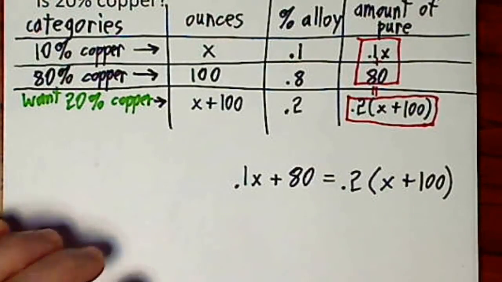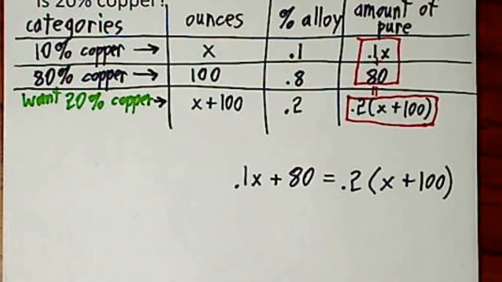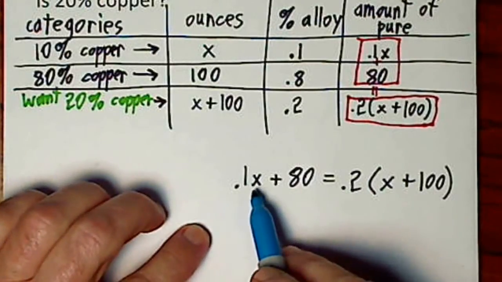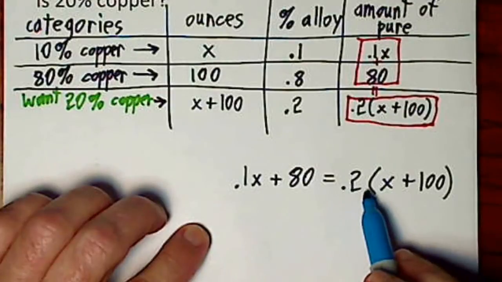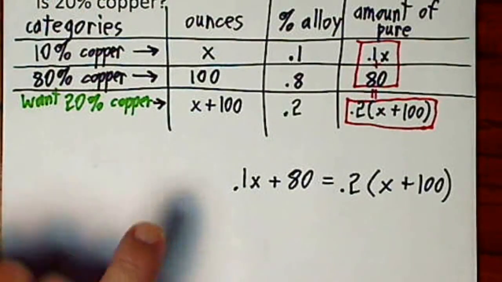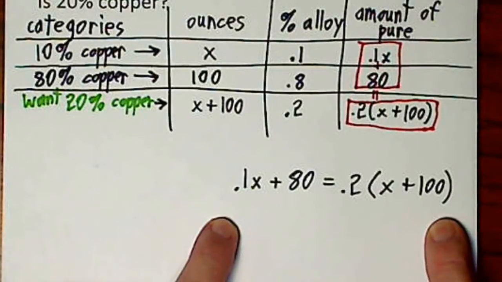And I think in this one I might get rid of these decimals. I can clear an equation of decimals just as I can clear one of fractions. If I can move this decimal just one place and move this decimal one place, I won't have to look at them anymore. So I want to multiply each side of the equation by 10.